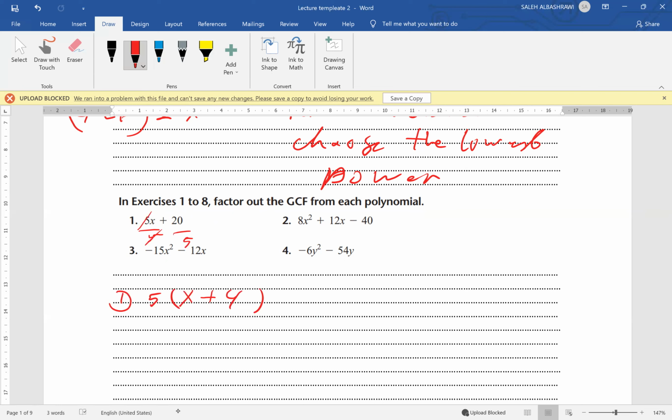For the second example, I have three terms: 8x to the power 2 plus 12x plus 40.